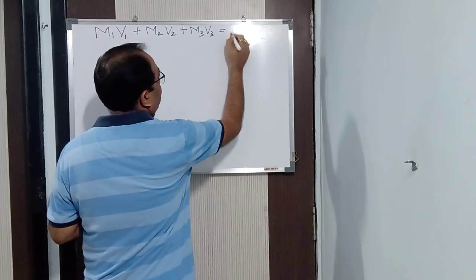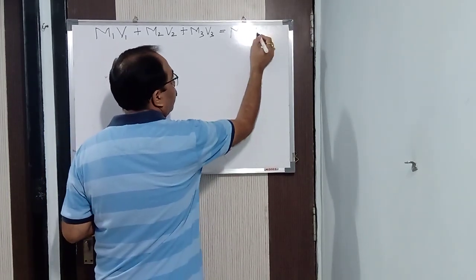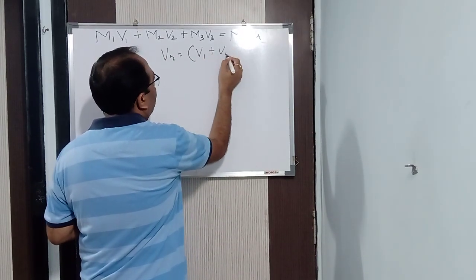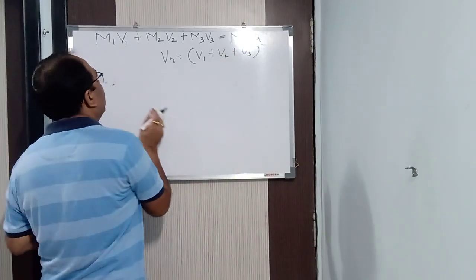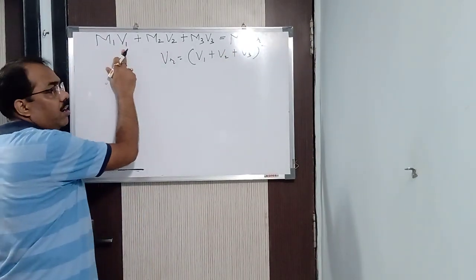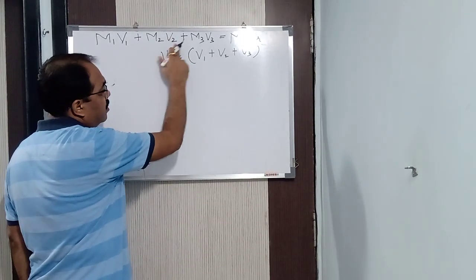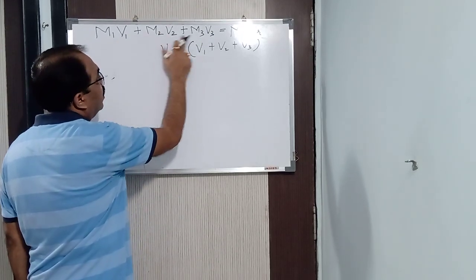Let us say the resultant concentration is MR and the volume is VR. VR is equal to V1 plus V2 plus V3. Definitely volume can be added. Let us say I have taken 50 ml of nitric acid, 70 ml of sulfuric acid, and 30 ml of hydrochloric acid. So 50 plus 70 plus 30.